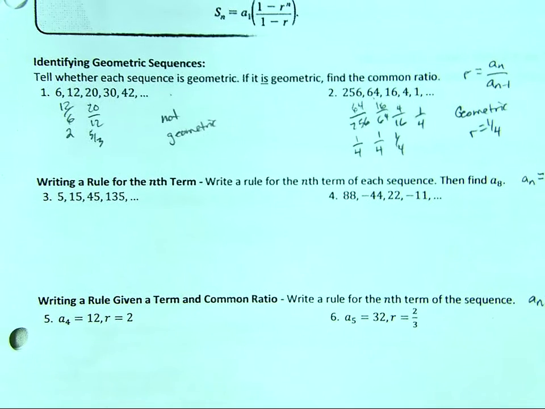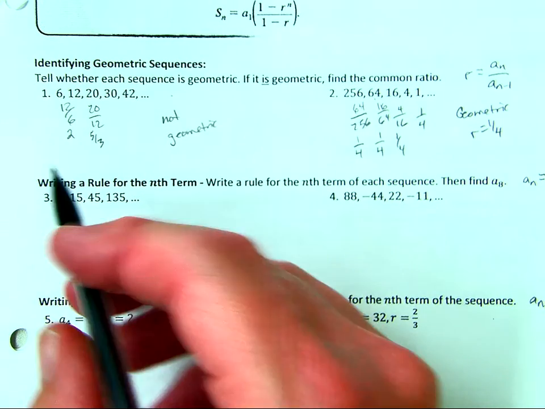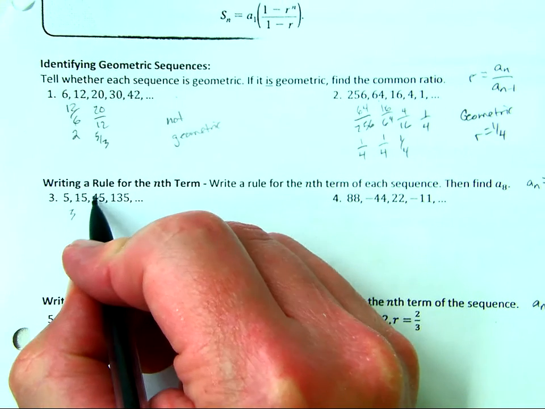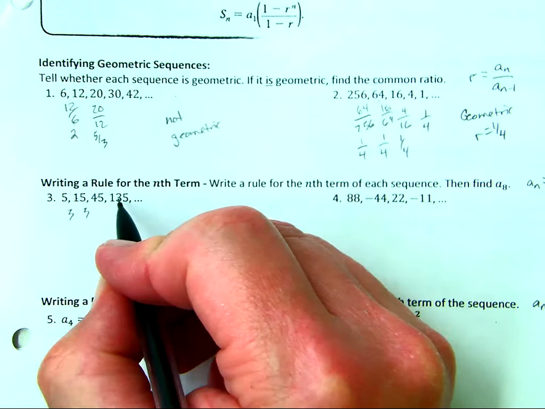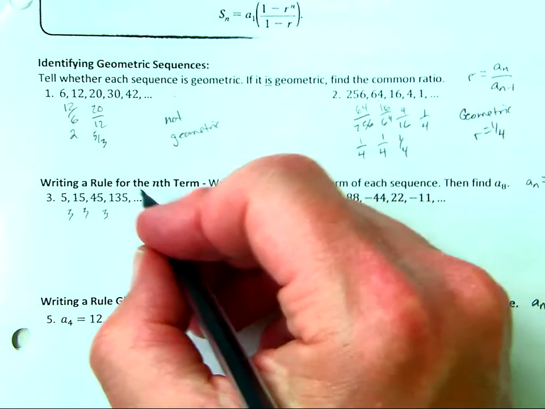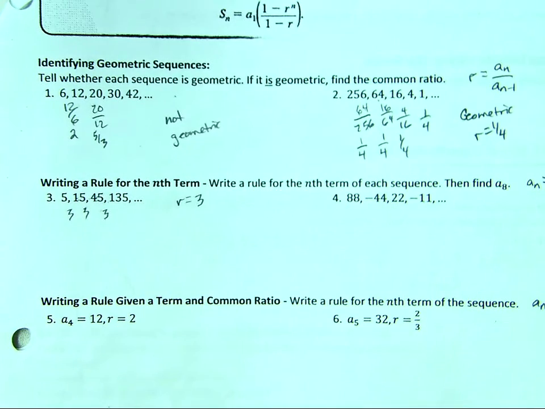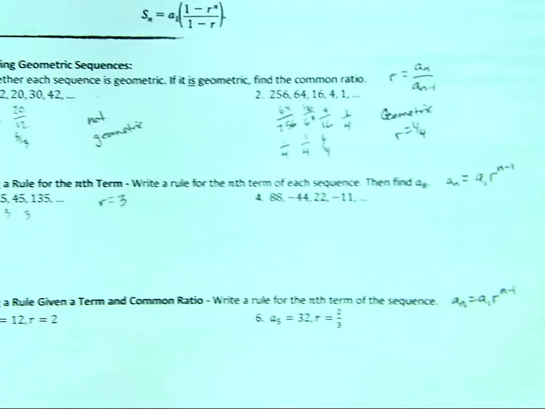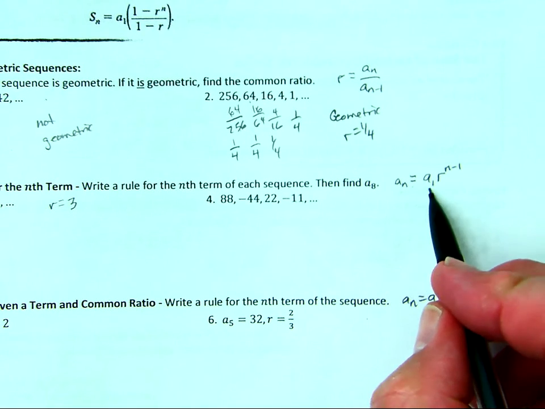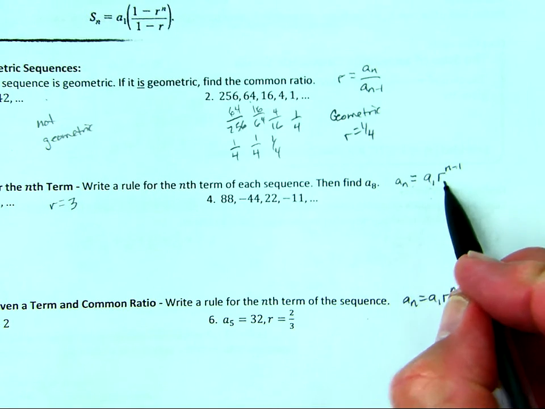Okay? Now this next one, these are geometric. We can check first, like here, 15 divided by 5 is 3, 45 divided by 15 is 3, 135 divided by 45 is 3. So this is geometric, and r equals 3. Now, to find a rule for the nth term, we're going to take that formula we mentioned before, a sub n equals a sub 1 r to the n minus 1, and we're just going to plug in the first term and r.